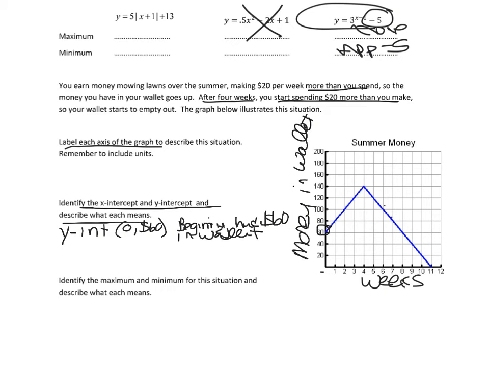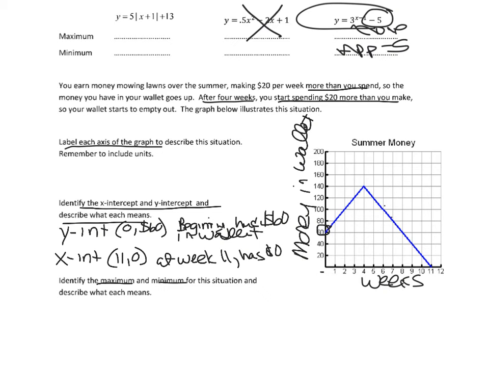I know my handwriting's terrible. All right, so at the beginning, he started off with $60 in his wallet. My X-intercept is at 11, 0. So that says at week 11, he has 0 money in his wallet.